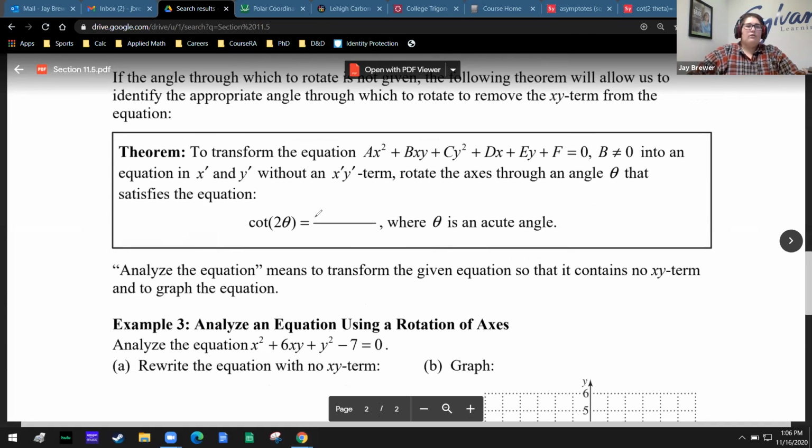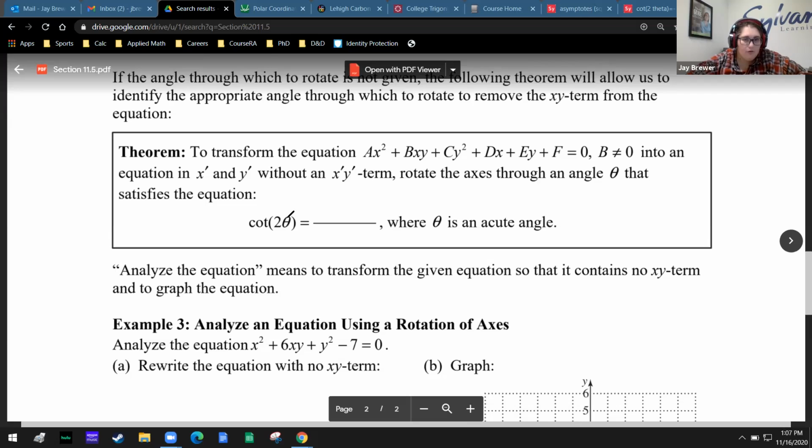So to transform the equation, and you can see it all written out there, into an equation in x prime and y prime without the xy term, rotate the axes through an angle that satisfies the equation.